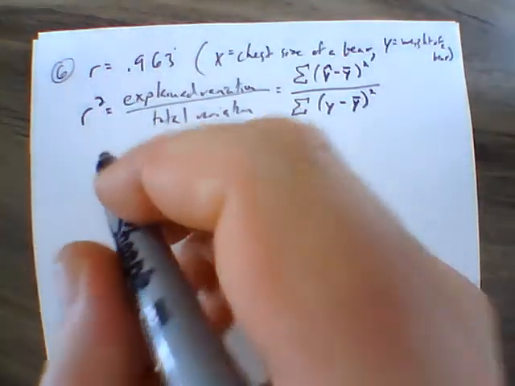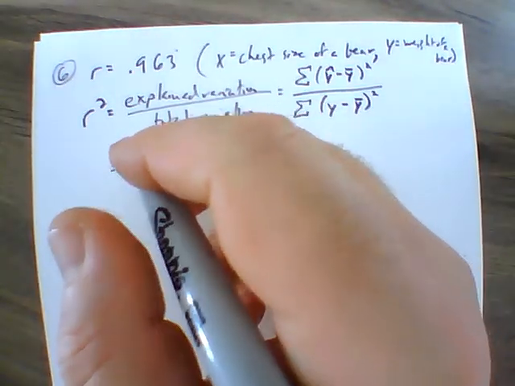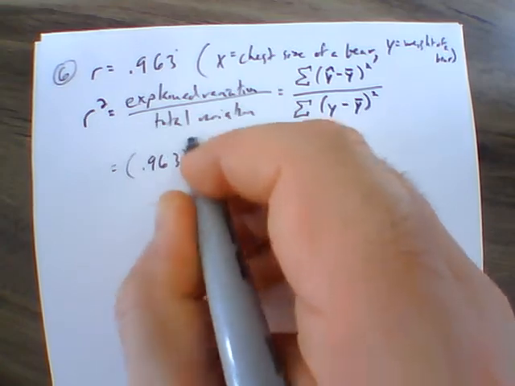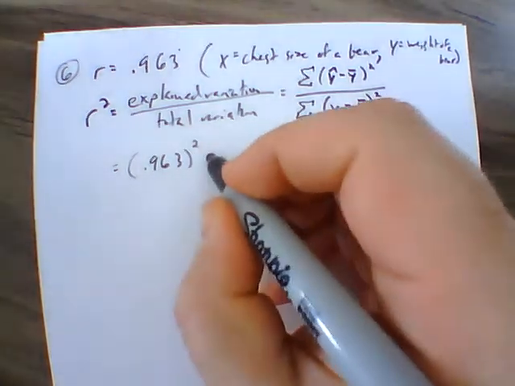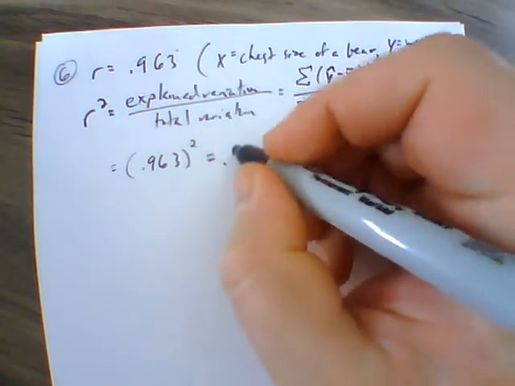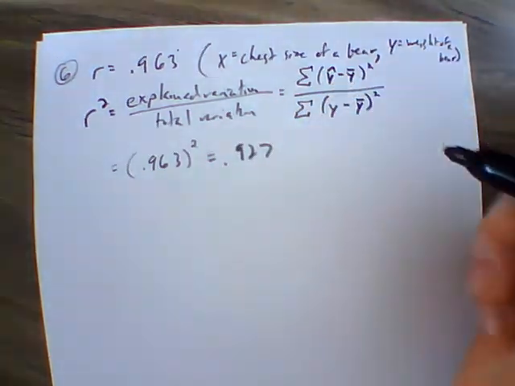But we were given R in this case, so we can very easily just go 0.963 squared. 0.963 squared yields us 0.927.